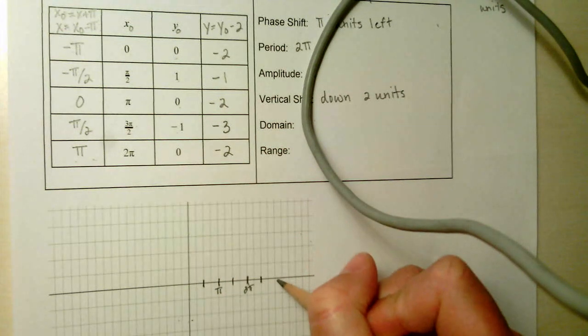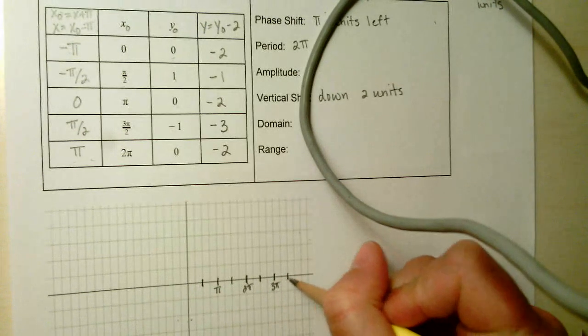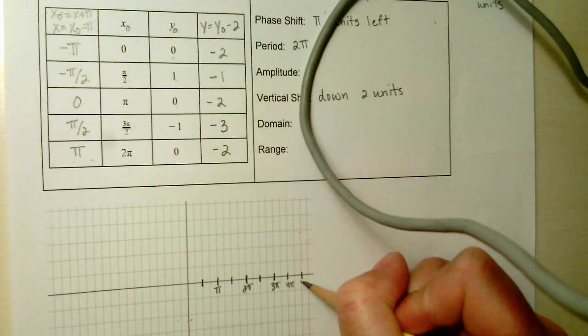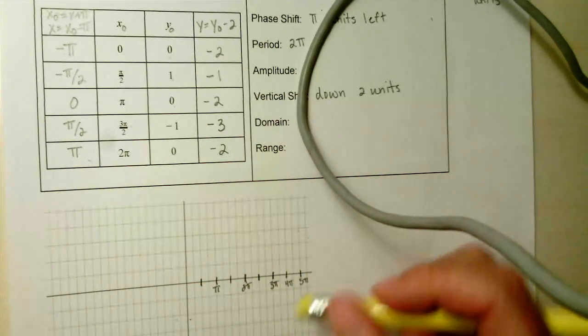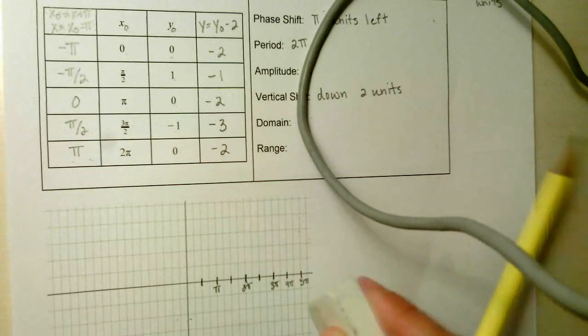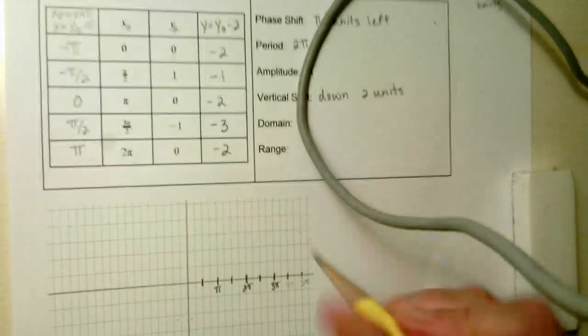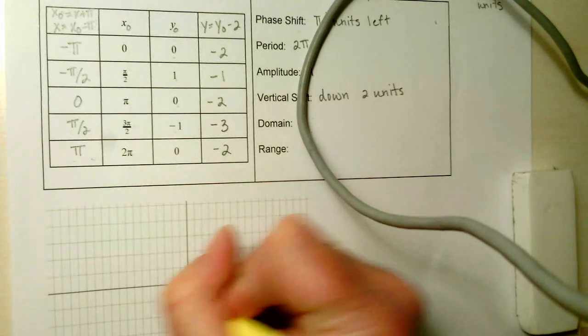I don't like to write all of my numbers on the graph because I think it gets really tight. But I do like to write some of them. Those got too close. I'm getting nervous about my time, so I apologize for that. This should be 4 pi. And I'm going to do the same on the other end.